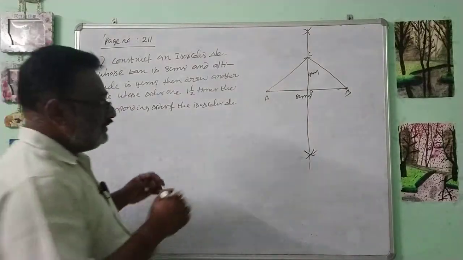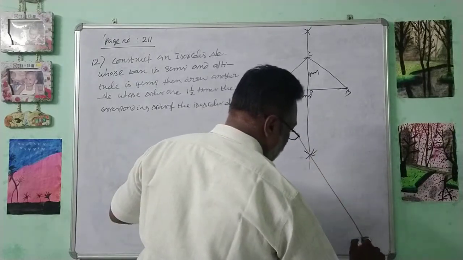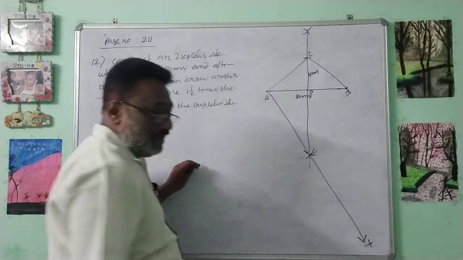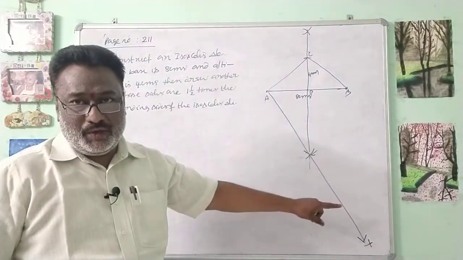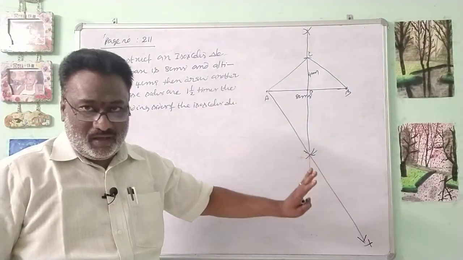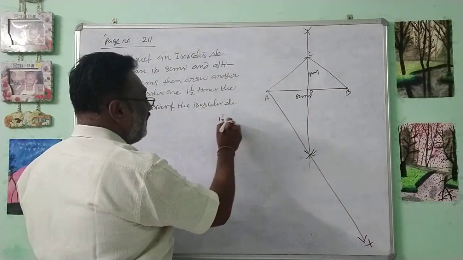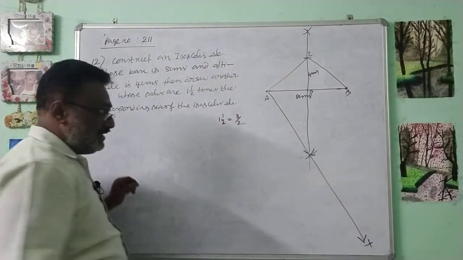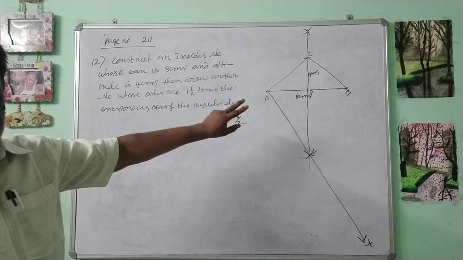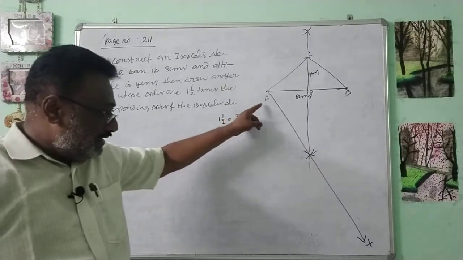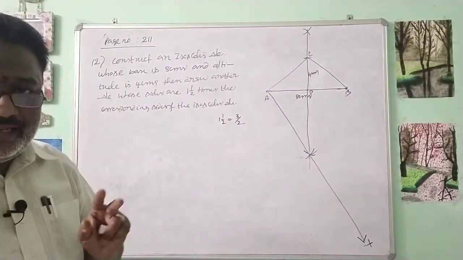Now here we need to draw a ray AX, such that angle BAX is an acute angle. After that, the scale factor converted into an improper fraction is 3 by 2. In this fraction, the greater number is 3. That means we need to make AX into 3 equal parts by taking equal radii.